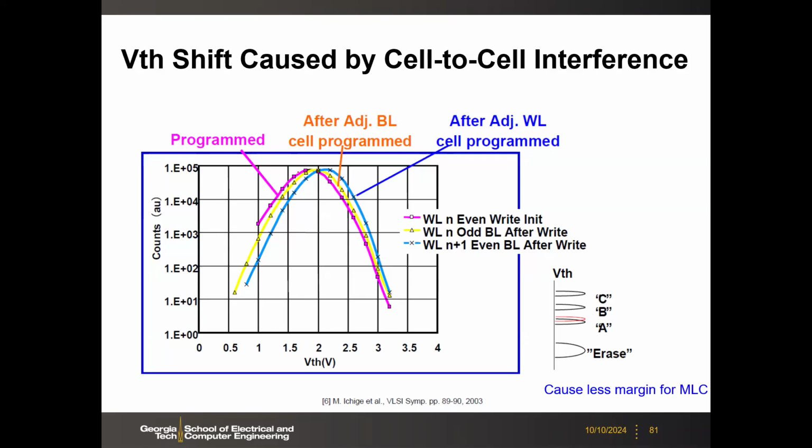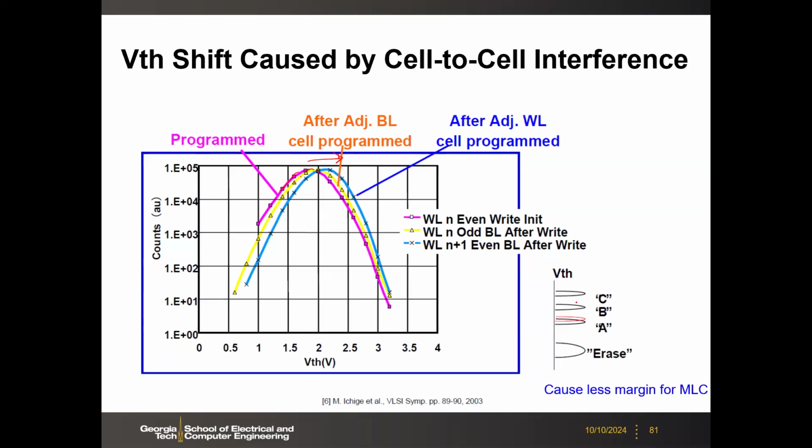But then if you do the programming of the next or adjacent bit line or adjacent word line, then you will measure the VTH of your previously programmed state. You see there's a shift right here towards the right because you have more electrons injected after you program the adjacent cell.